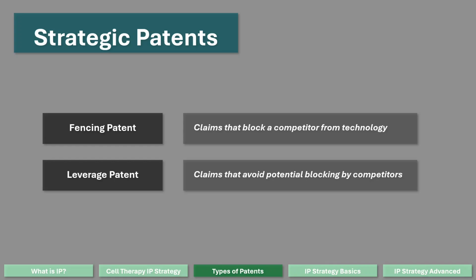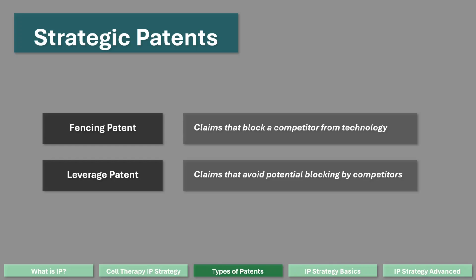This forces a competitor with a similar product to infringe on your analytical method if they want to measure its potency for regulatory approval, forcing the competitor to come up with another solution or enter into an in-licensing agreement with you.